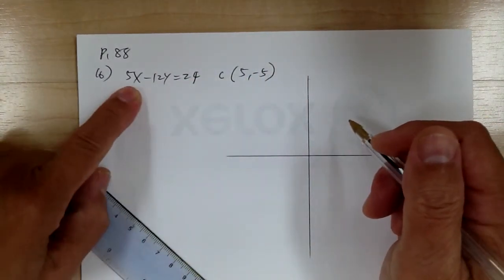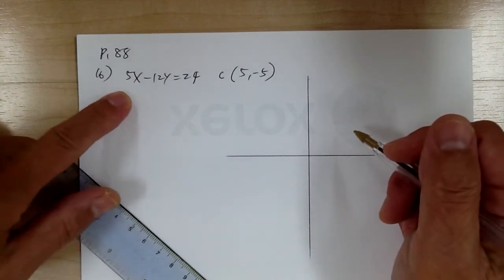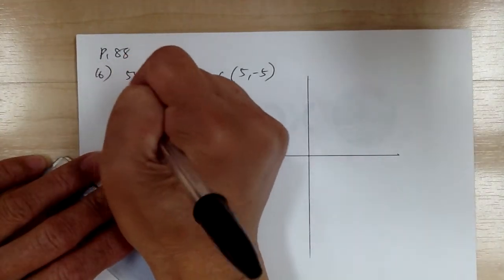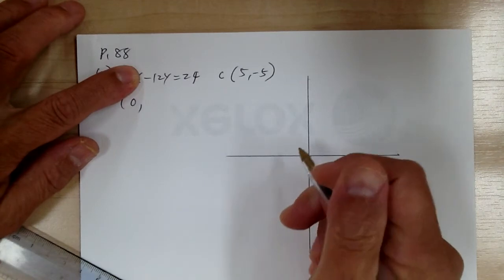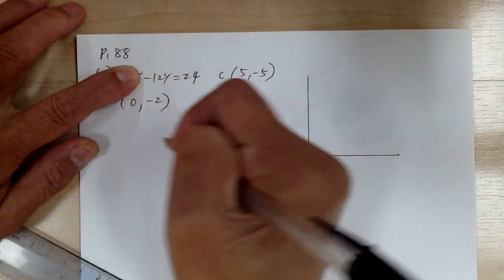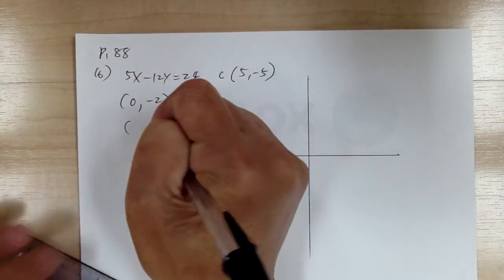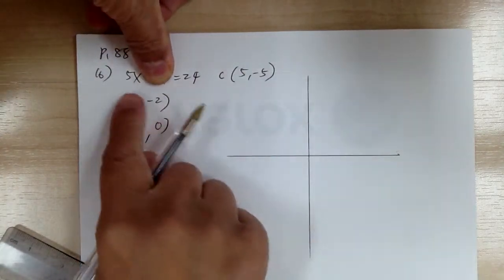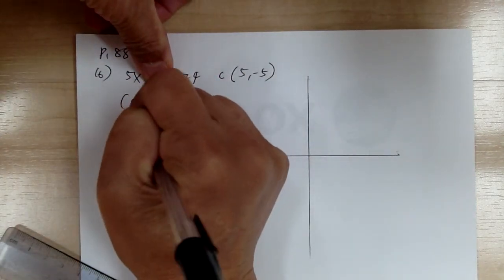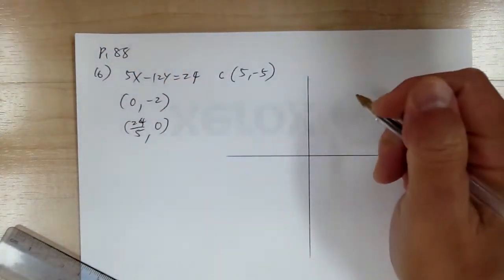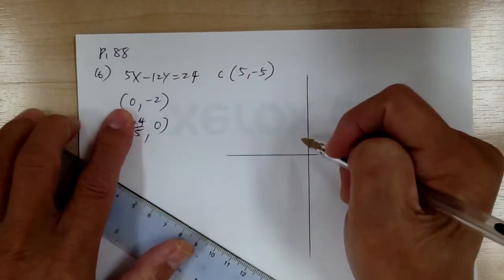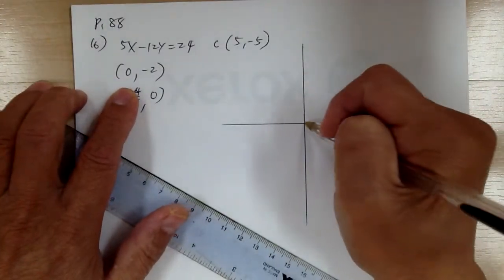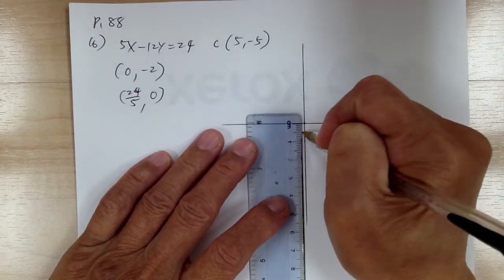Okay, so let's go ahead and get this line first. So if you did x equal to 0, then y will equal negative 2. If you did y equal to 0, then x will equal 24 over 5. Okay, so that's going to plot that point. So 0, negative 2.